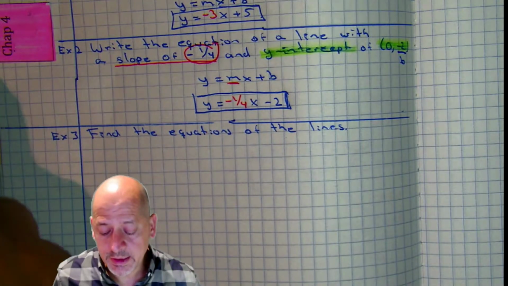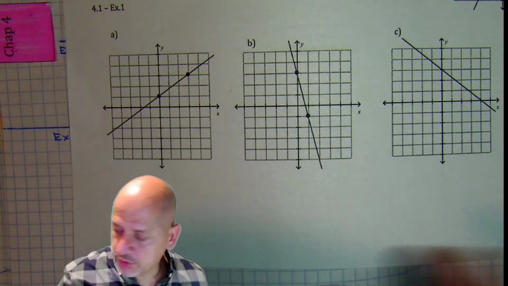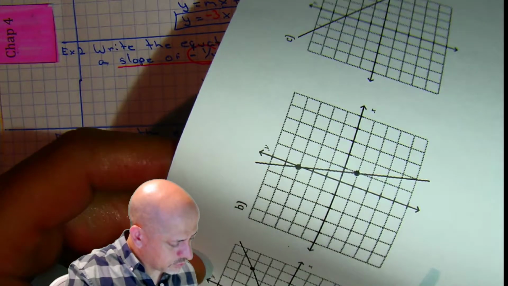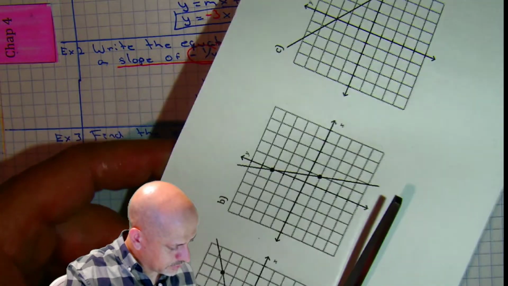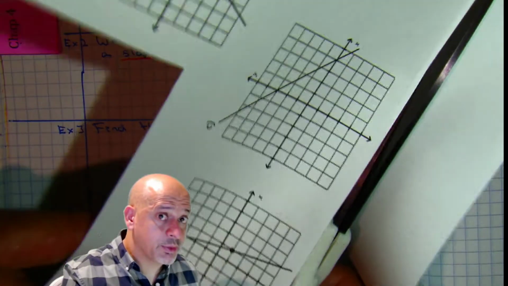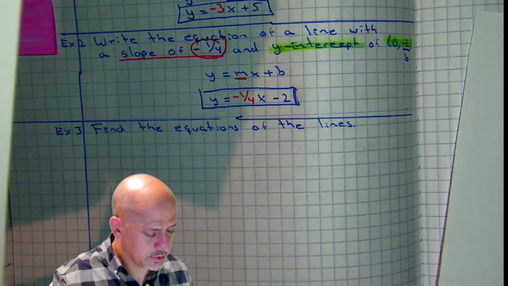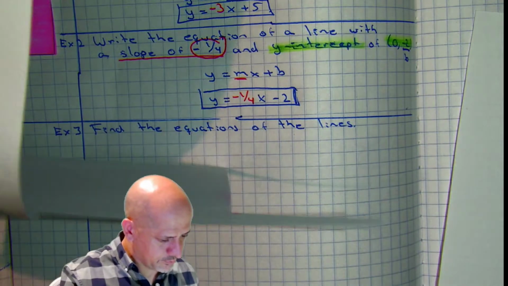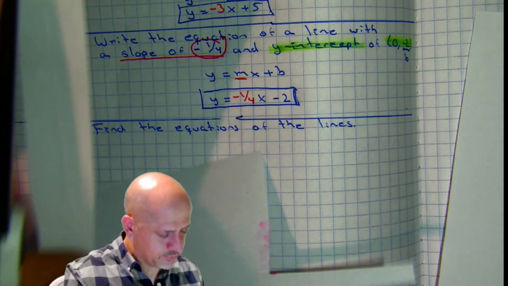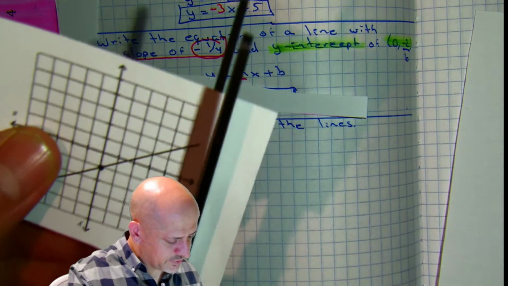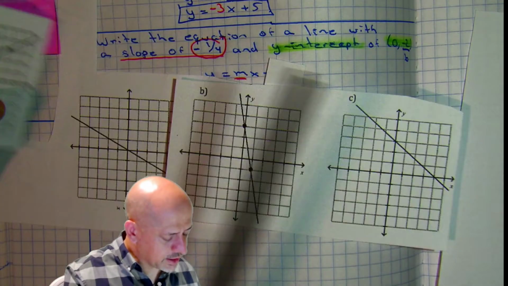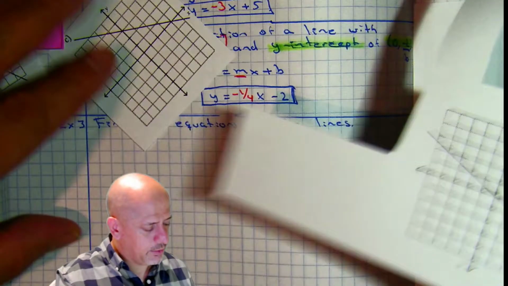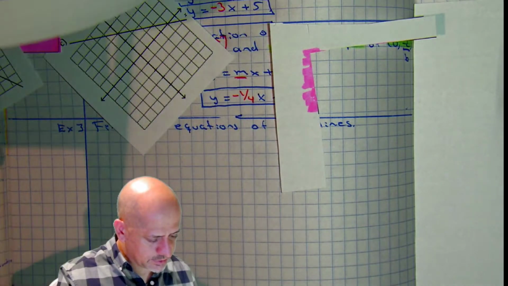And we have A, B, C, and D. So I'm going to cut each one, or if I want, I can cut two at a time. In this case, I'm just going to cut each one separately. That might give us a little more space. Carefully cut through. And I want to leave that A in there, so that I can keep track of each of our graphs. We have A, B, C, and D.